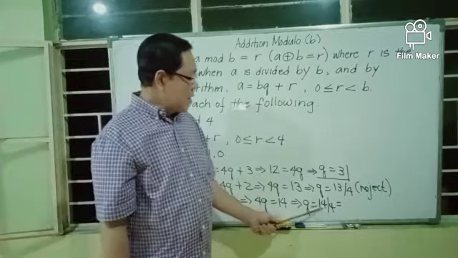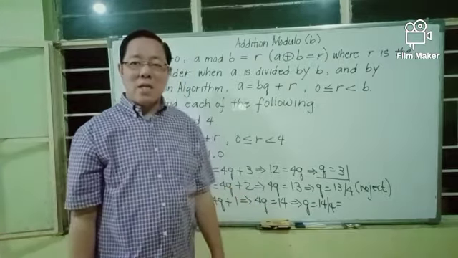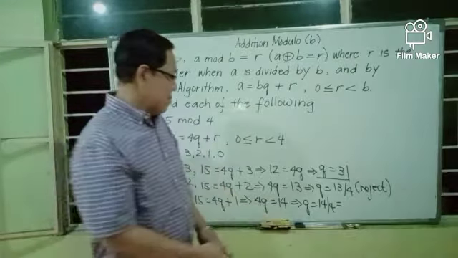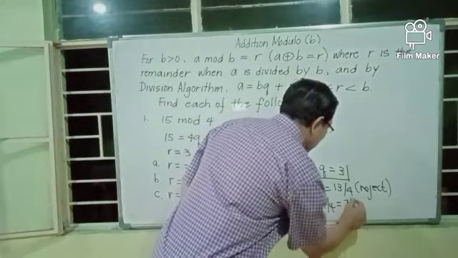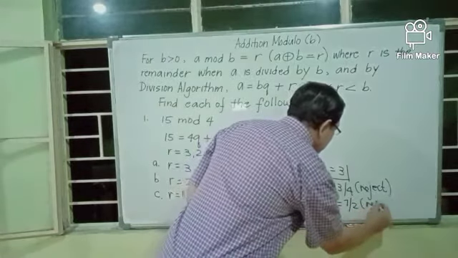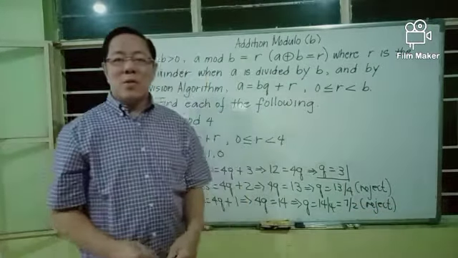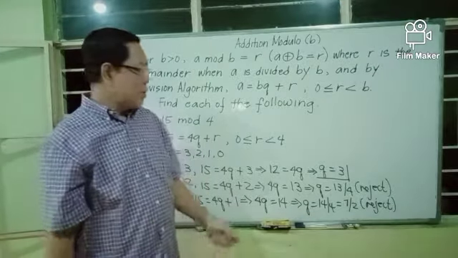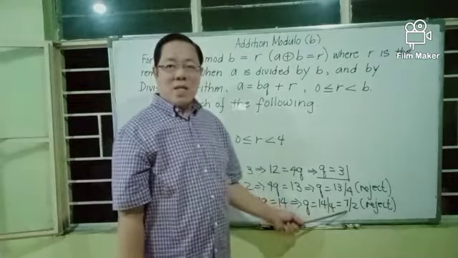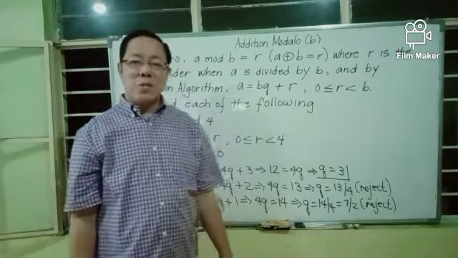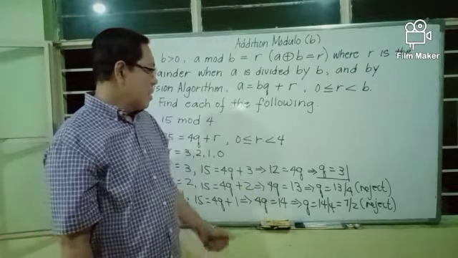We divide 14 and 4 by 2, the greatest common factor of 14 and 4. But again, q must be an integer. Therefore, we reject this value of q, 7 over 2, because 7 over 2 is not an integer.